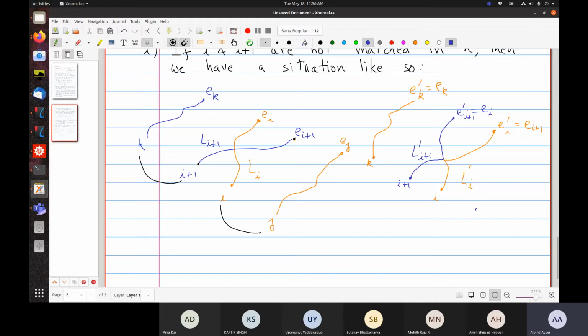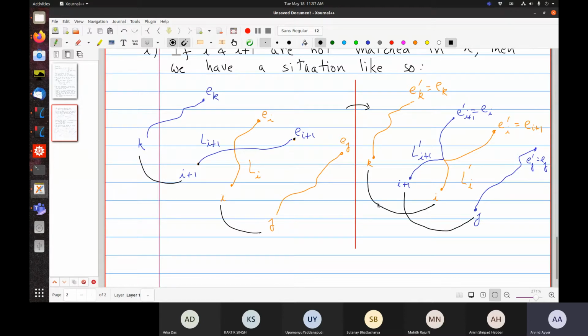And here j is now going to be matched to I plus 1, so I'm coloring it in blue. And here I have E prime j, which is also ej. Okay, and maybe I'll draw this separator so that there's no confusion. And what was the matching now? The new matching is like so.